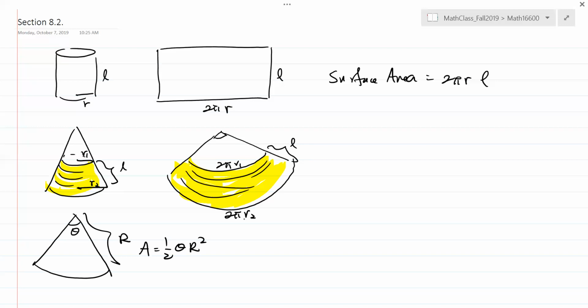So this is the surface area. I give you the formula, maybe you can try to figure it out. It's still 2 pi, but it's 2 pi times R times L, where R is the average value of these two, and L is the same L. Slightly different from the above, but it's reasonable.